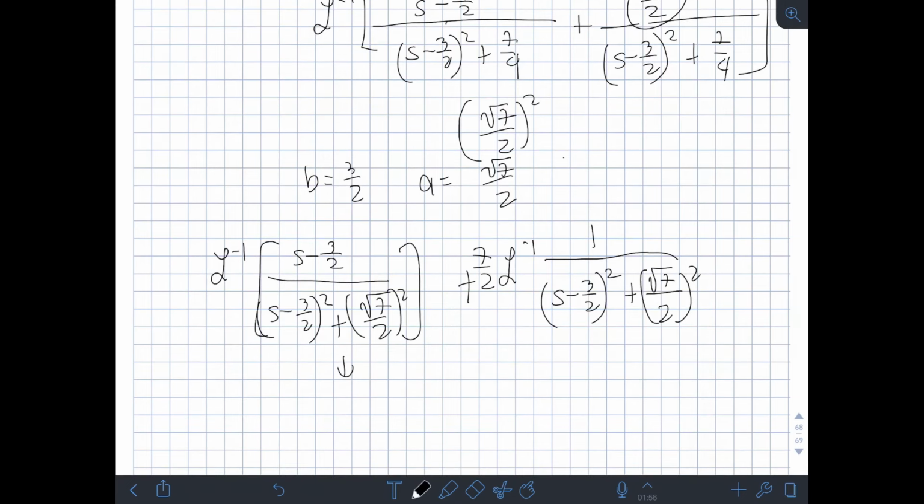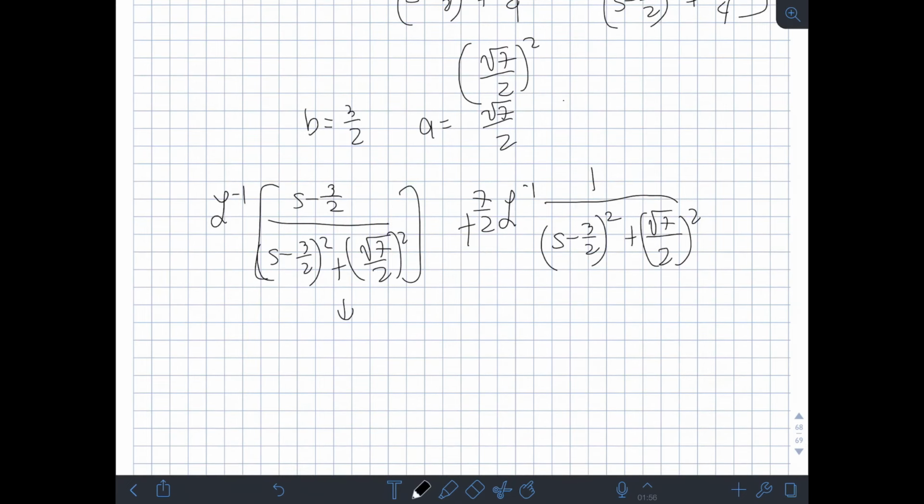So, this first one we can readily find using e^(bt) cos(at). So, our b is 3 halves: e^(3/2 x) times cosine of a x, where our a is square root of 7 over 2 times x. Right? Plus, this one, 7 halves times.